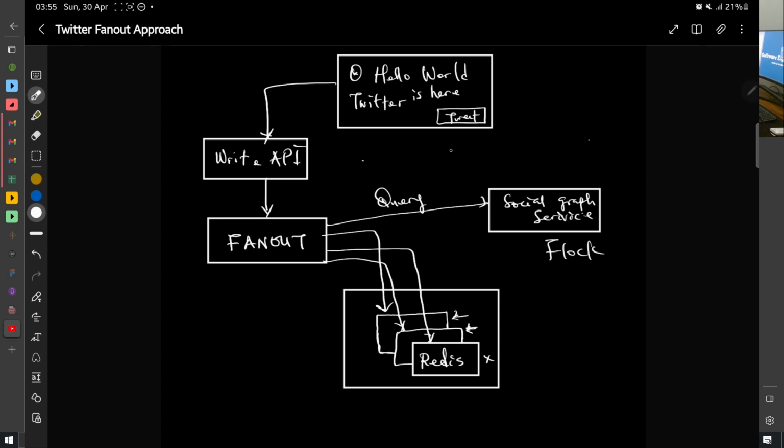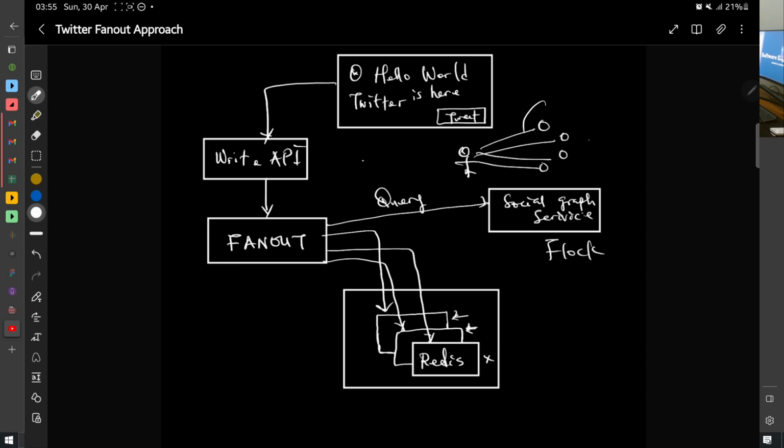It's basically a distributed graph database that helps Twitter to maintain a particular user and the list of all of the users that follows that particular user. It's called the followings list. Right. So with this, the Fanout daemon is trying to extract all of the users that actually follows me from this social graph service.